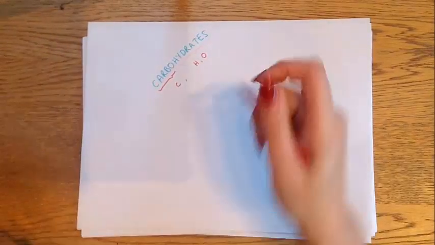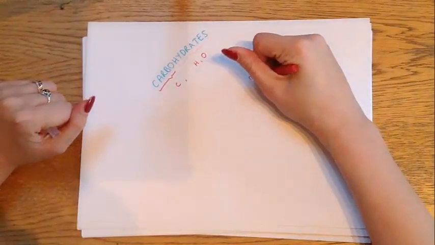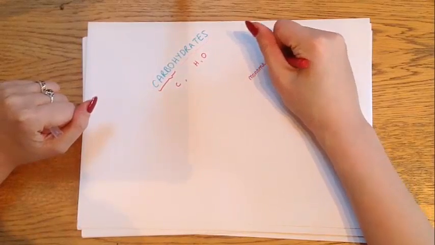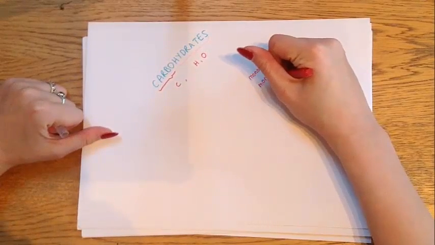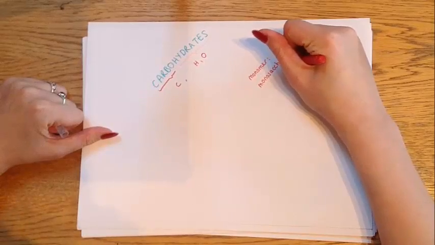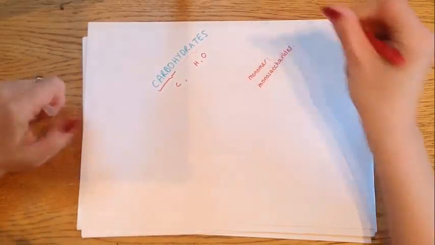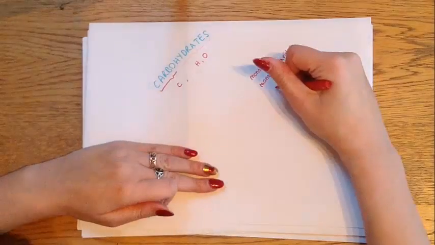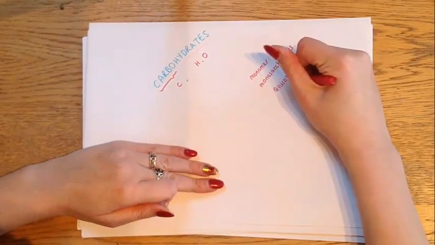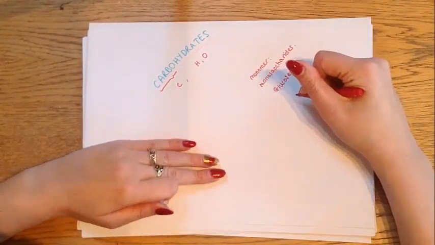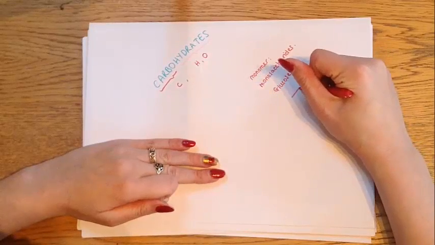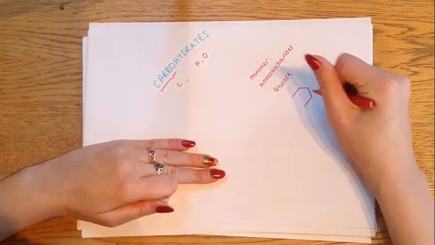If we look at the monomers of the carbohydrates, these are called the monosaccharides, and these are the simple sugars. A good example of a monosaccharide is glucose. We can draw glucose in shorthand by just showing that it's a hexose sugar.